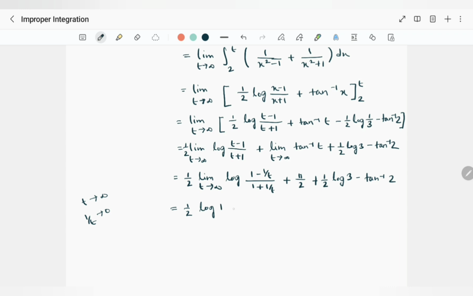So this is log 1 plus pi by 2 plus half of log 3 minus tan inverse 2. Now this part is equal to 0. So the ultimate result is pi by 2 plus half of log 3 minus tan inverse 2. This is the result.